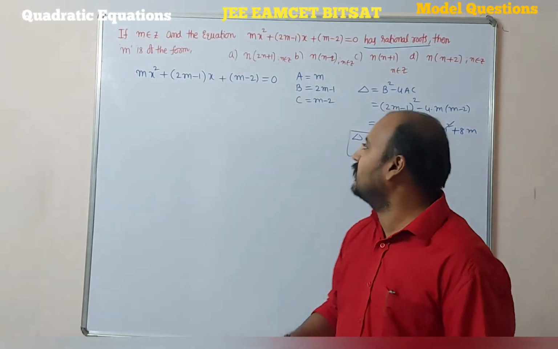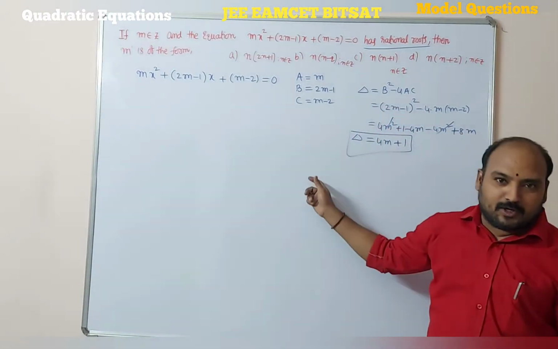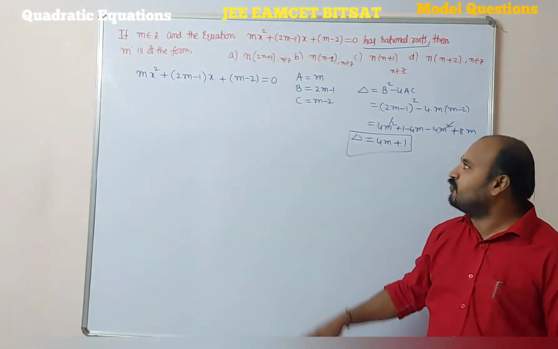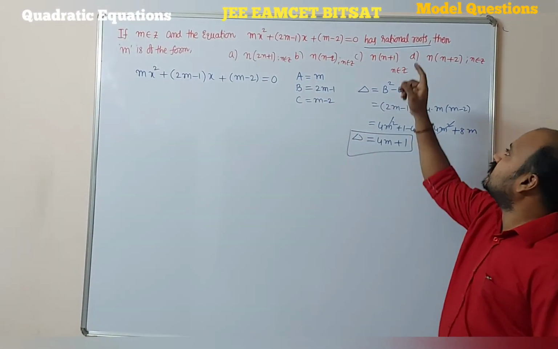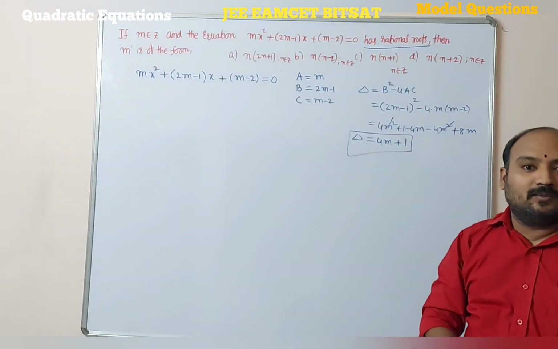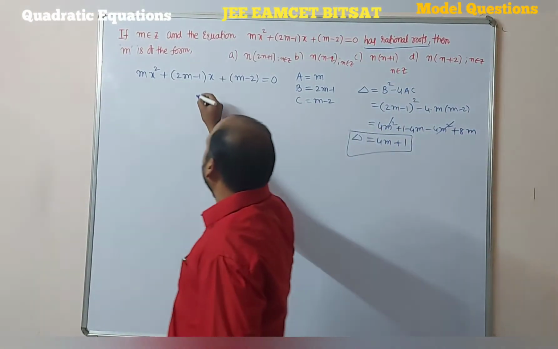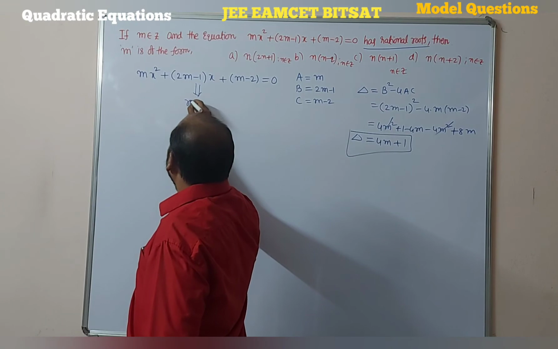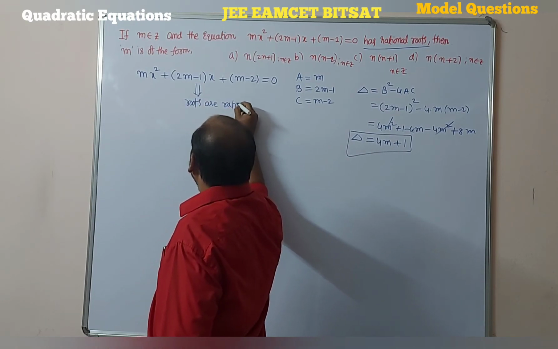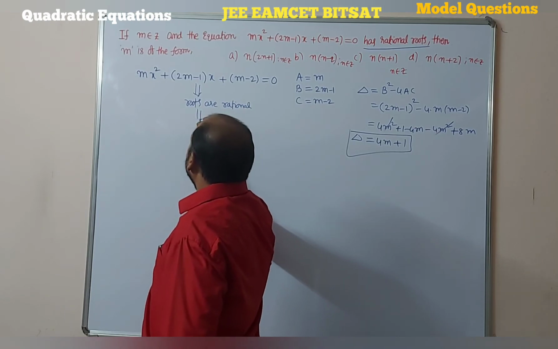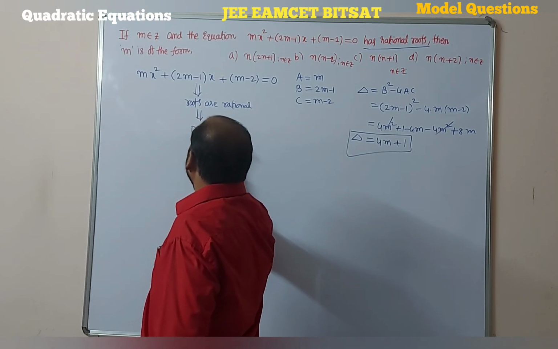So why sir you are calculating the discriminant of the quadratic equation? Whenever the given quadratic equation's roots are rational, the discriminant should be perfect square.